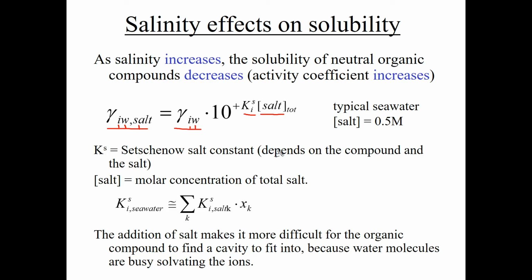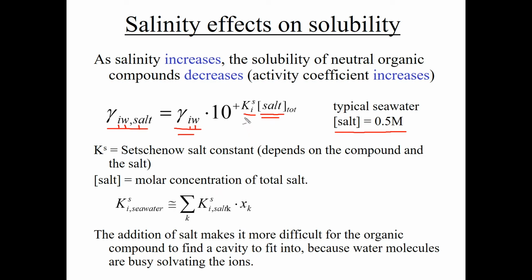And you might remember from the beginning of this solubility lecture that I talked about the fact that typical seawater out in the middle of the ocean has a salt concentration of about 0.5 molar. In Raritan Bay, where it's kind of mesohaline, you might have a salinity of around 0.3. And in freshwater, it's pretty close to 0. So obviously, if salinity is 0 here, then 10 to the 0 is 1, and there's no change in the activity coefficient.